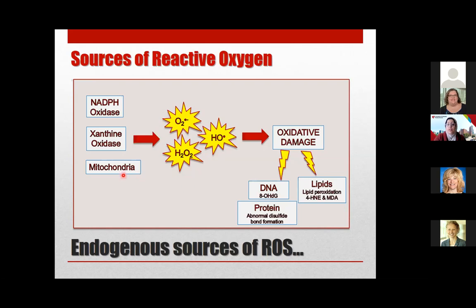As we mentioned before, mitochondria normally have a 5% leak of electrons that can be captured by molecular oxygen, and it can lead to generation of superoxide as well as these damaging species that can lead to oxidative damage to the cellular biomolecules such as DNA, lipid, and protein, as evidenced by their oxidative damage products: 8-hydroxyguanosine for DNA damage, 4-hydroxynonenal and malondialdehyde for lipid peroxidation and damage, and protein disulfide as a damaging product for the protein oxidative damage, okay?